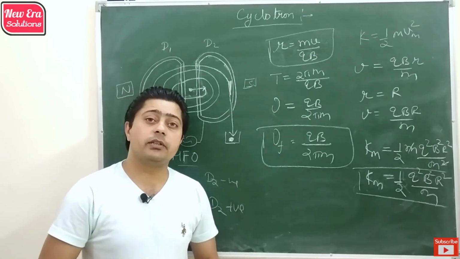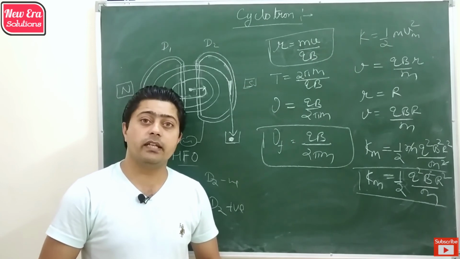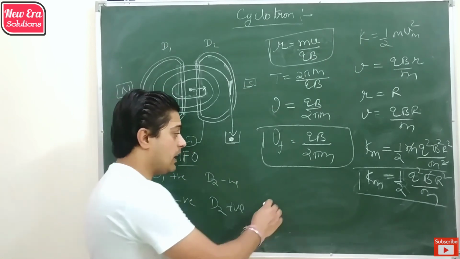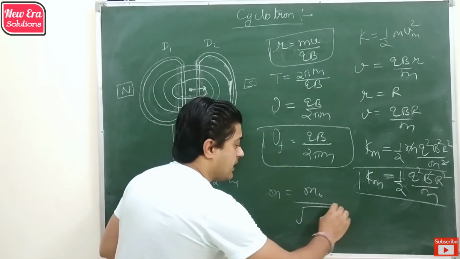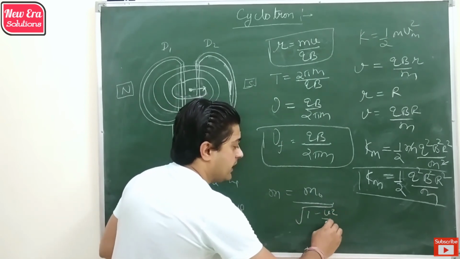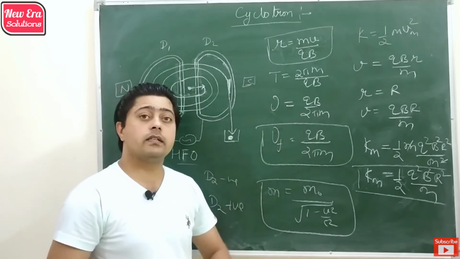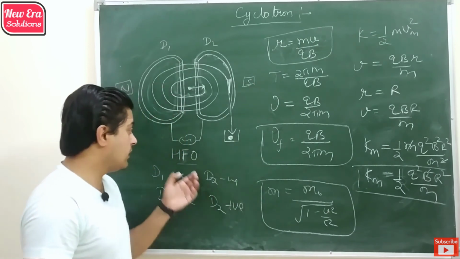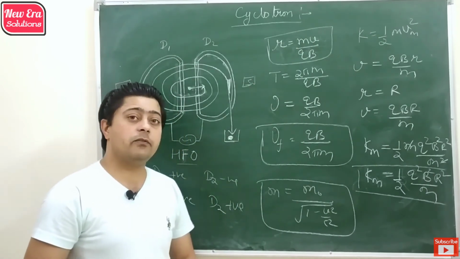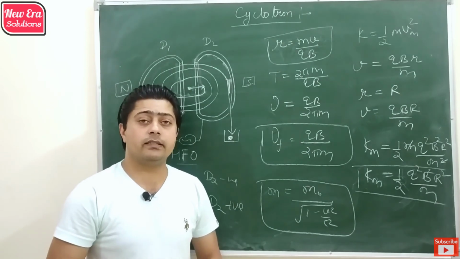The next limitation of the cyclotron is due to Einstein's theory of relativity, in which we know that the mass of a moving charge changes according to its velocity. So due to the change in mass, the frequency of the moving charge will change and it will not match the high frequency oscillator frequency, which violates the resonance condition.